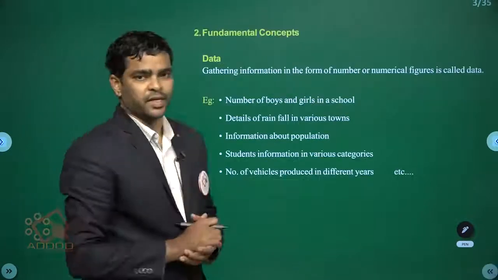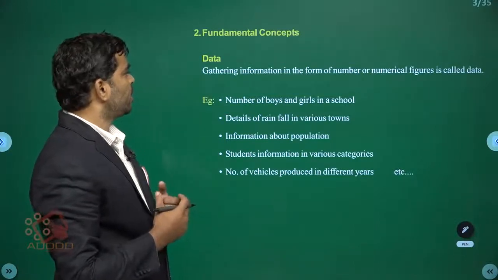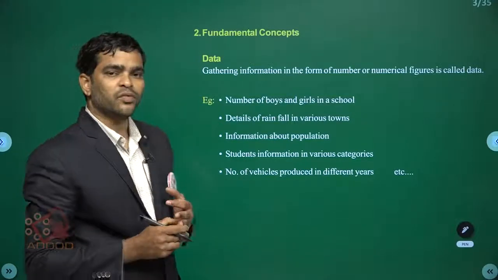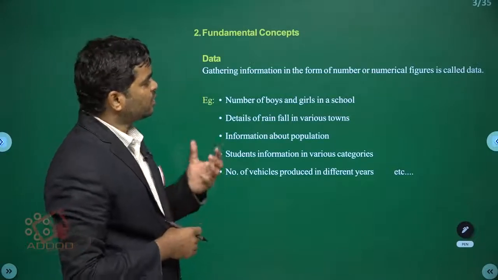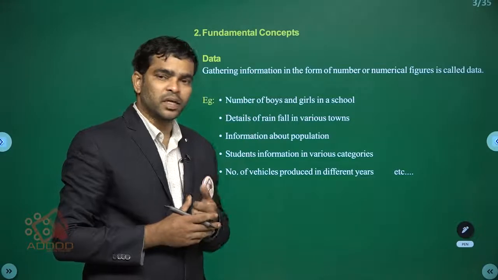Well, what is data? Why should we collect data? Data means gathering information, the collection of information in numerical terms. For example, the number of boys and girls in a school.